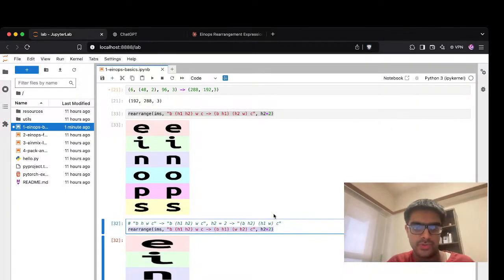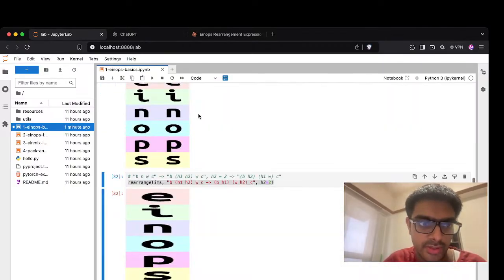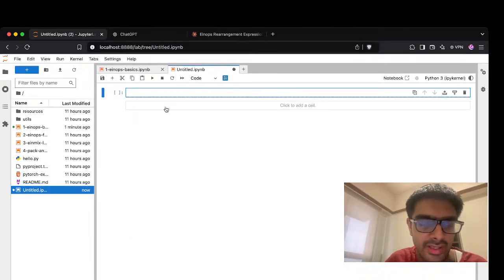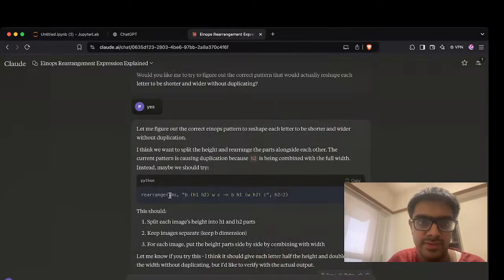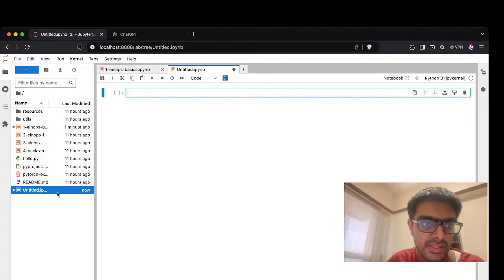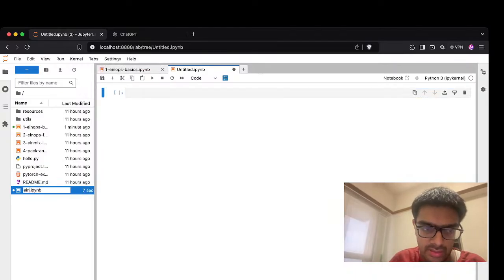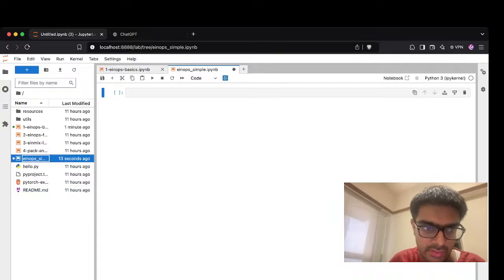Maybe we should do that in the Jupyter notebook. Let's open a new Jupyter notebook here, right? Not sure what kernel I have anymore. So start with the basics. Let's rename this Einops simple.